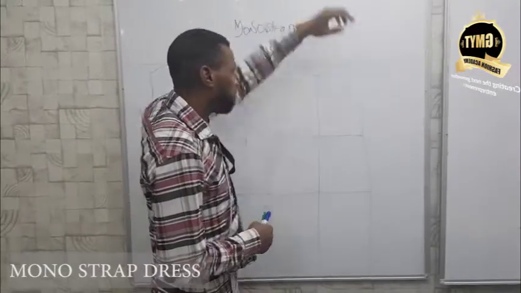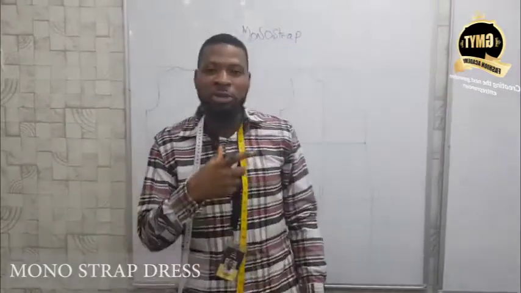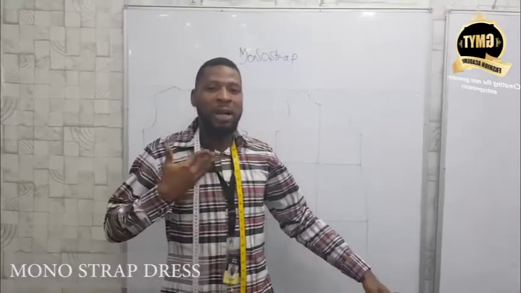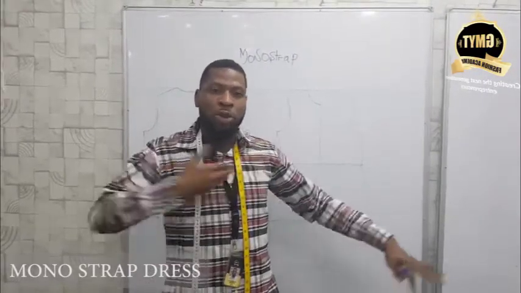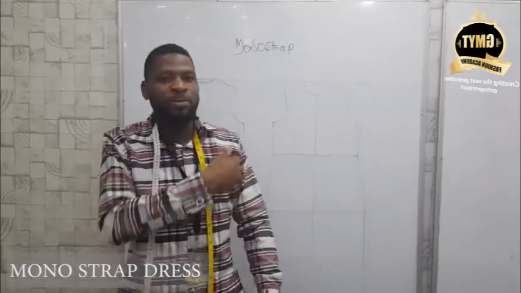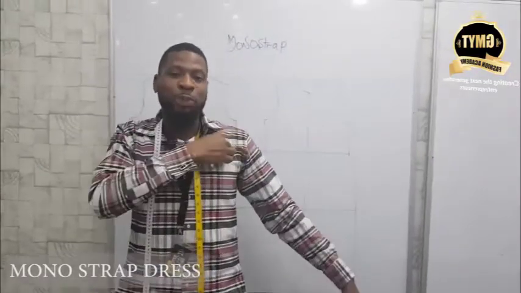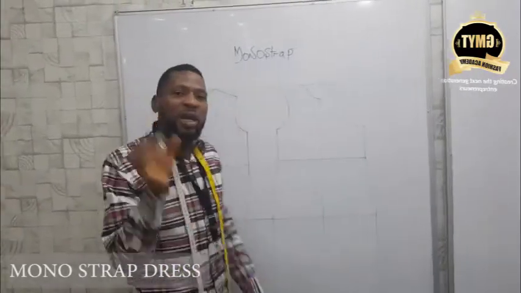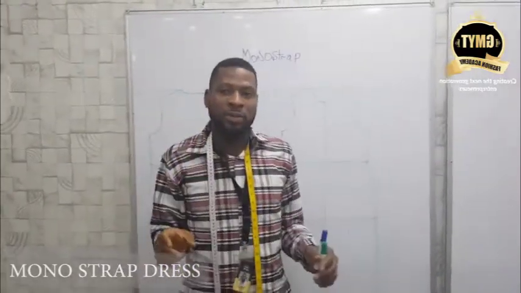As you all know, a monostrap is a dress that has one side of the upper part of the neckline cut off or removed to create that strap look. And the word mono means single strap dress.